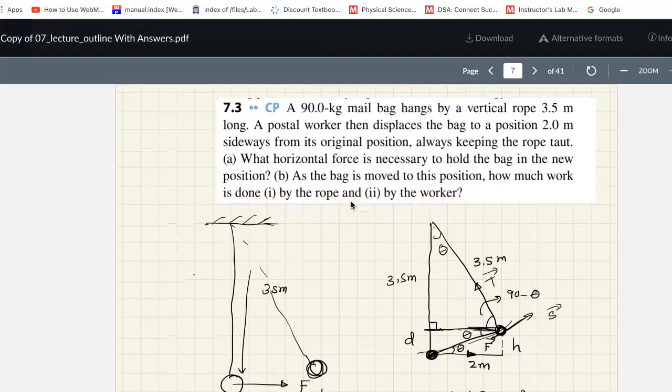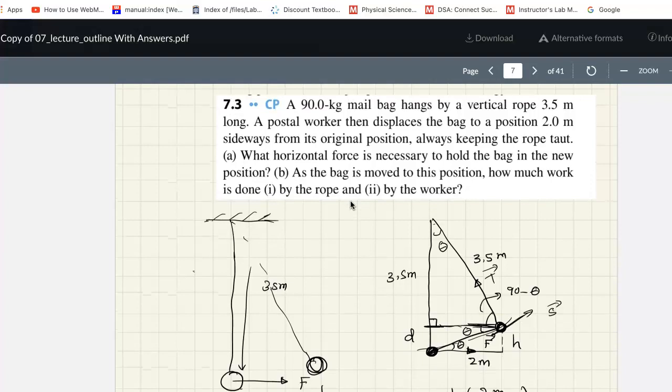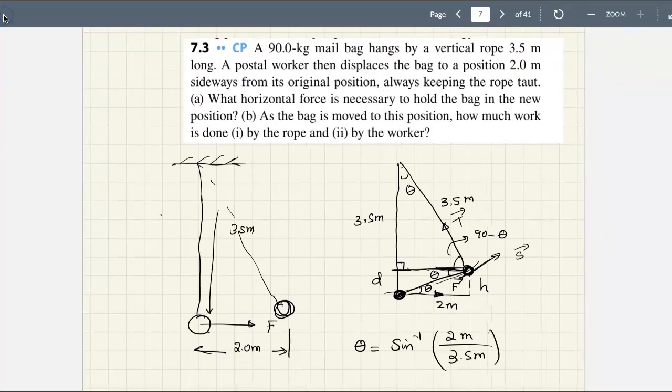Okay, let's work on this problem here. I have a 90 kilogram mail bag that hangs by a vertical rope that is 3.5 meters long.